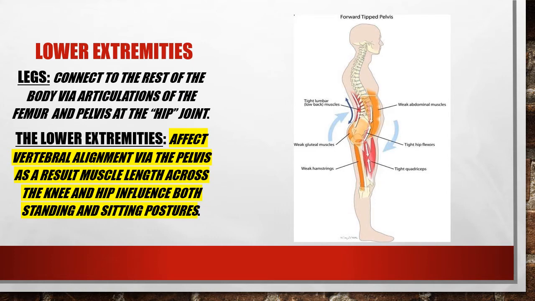So the lower extremities, your legs, connect to the rest of the body at the hip joint, and the femur fits into the acetabulum. The lower extremities can affect your vertebral alignment via the pelvis. As a result, your muscle length across the knee and the hip influence both standing and sitting positions.